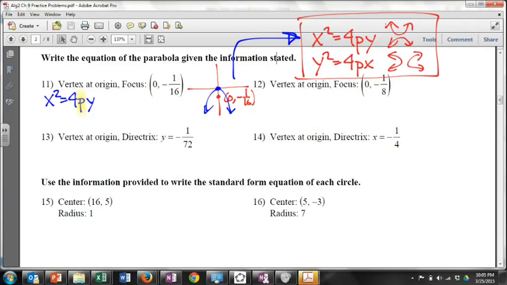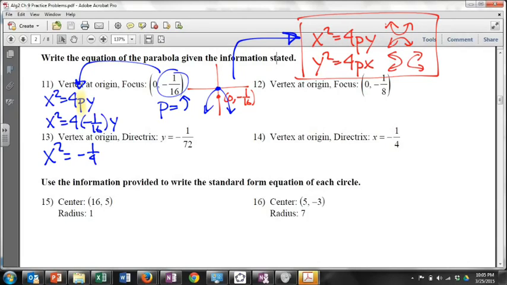P in this case is equal to -1/16, so I plug that into my equation. X squared is equal to 4 times -1/16 times y. So x squared is equal to -1/4 y. And that's my solution for number 11.